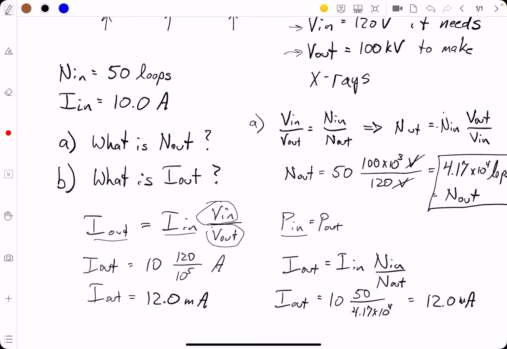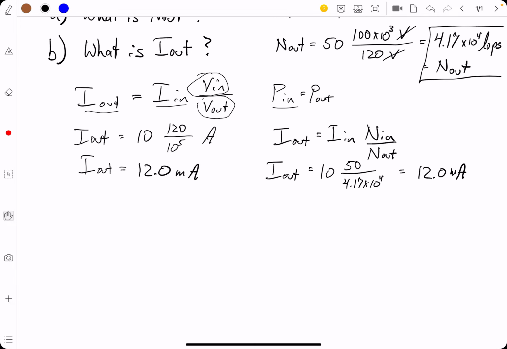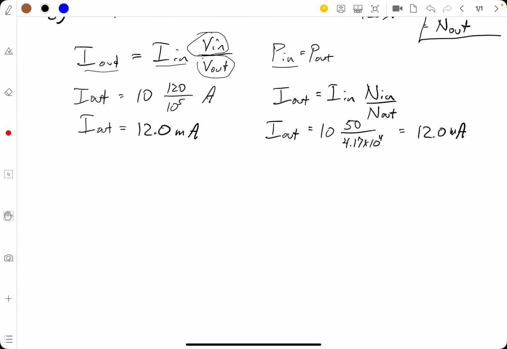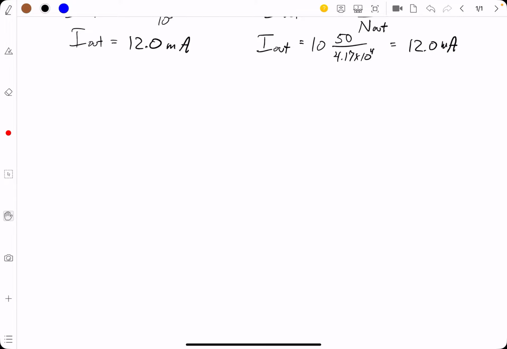Okay. So we've done that. Nice little clean example. Let's do another nice and clean example. Example 23.6.